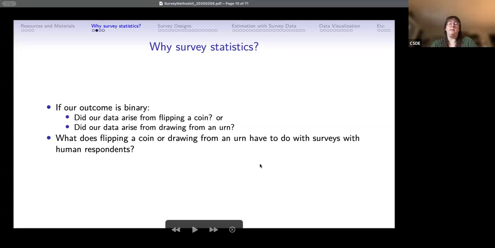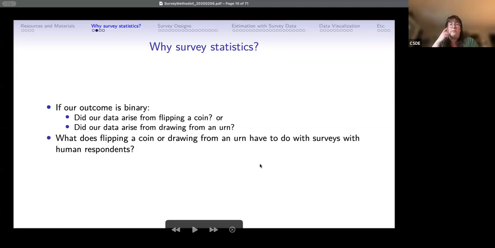So in surveys, I guess before we move on to the next bullet, the other thing I'd like to point out is a distinction between these two experiments, in that one of these experiments, flipping a coin, can be carried out an infinite number of times.